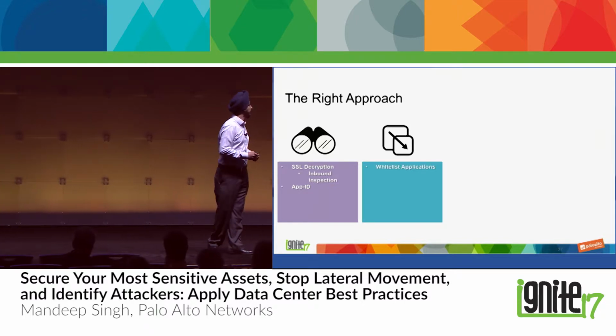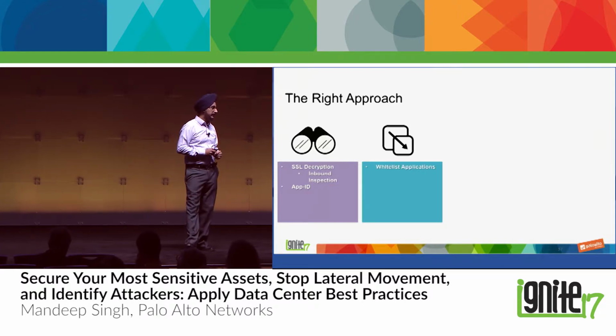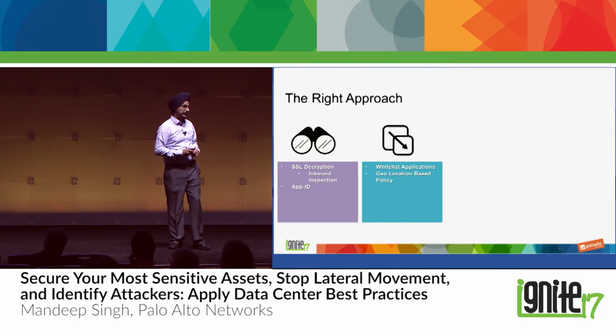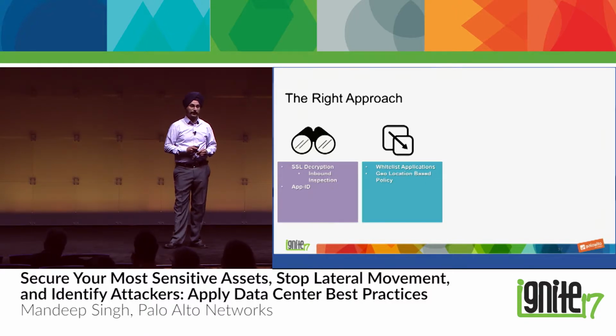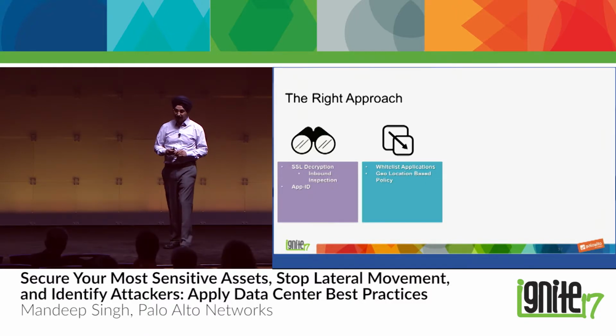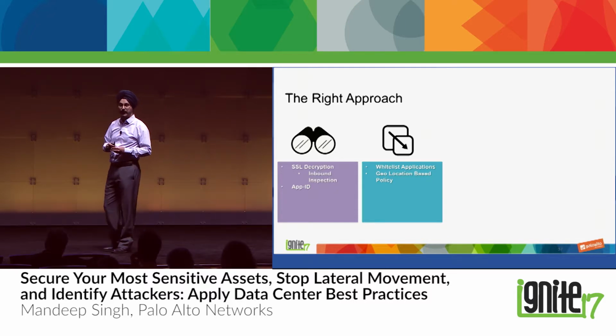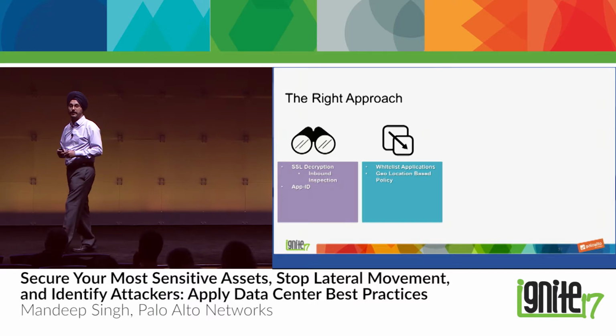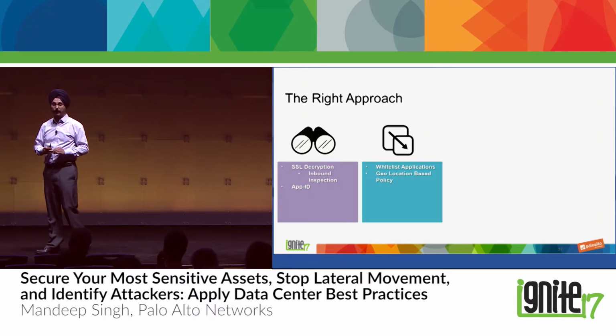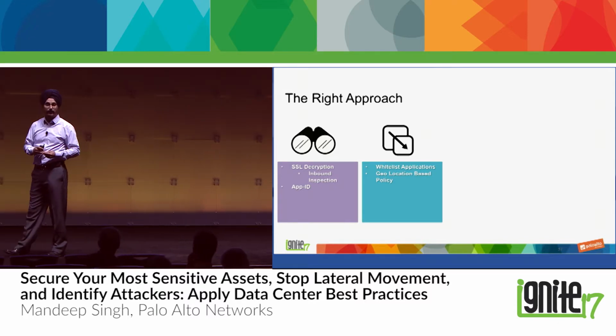Let's look at that. You whitelist applications. Geolocation-based policy. You only want to allow access from regions where you want users to access. Actually, it's easier to do the opposite, and that's what we will go through in the policy. For places where you do not want users to have access from, you don't.